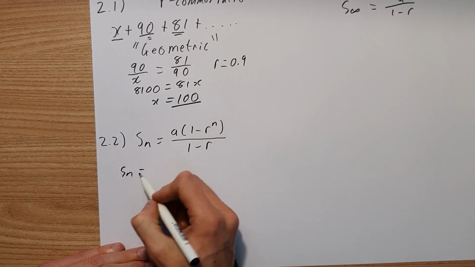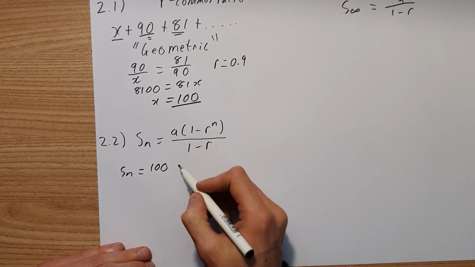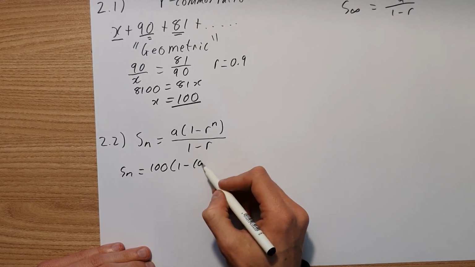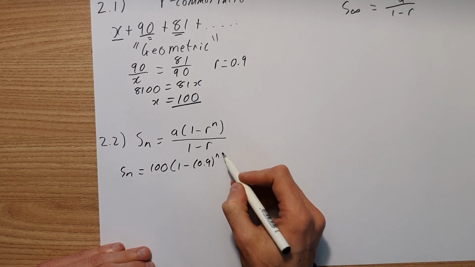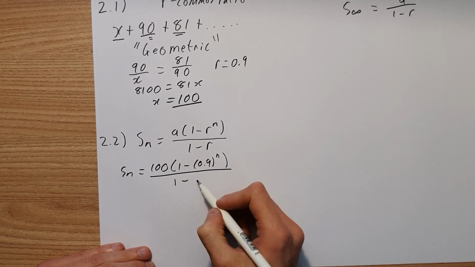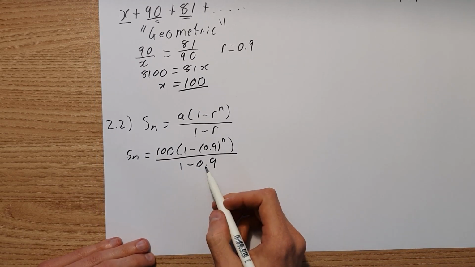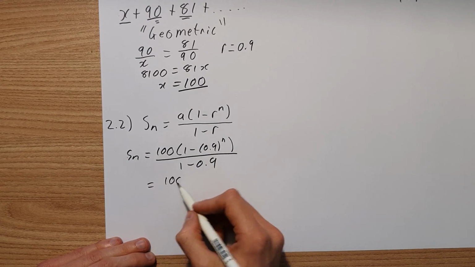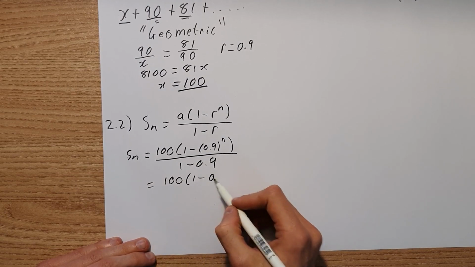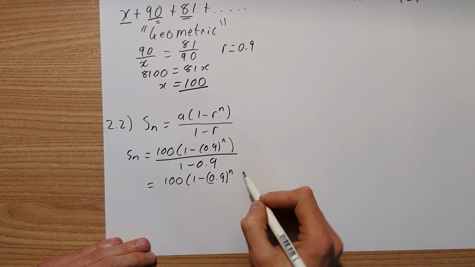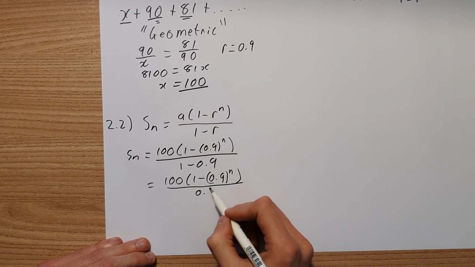So Sn is going to equal 100 times 1 minus r, which is 0.9, to the power of n, all over 1 minus 0.9. 1 minus 0.9 gives you 0.1. So we have 100 times 1 minus 0.9 to the power of n, all over 0.1.